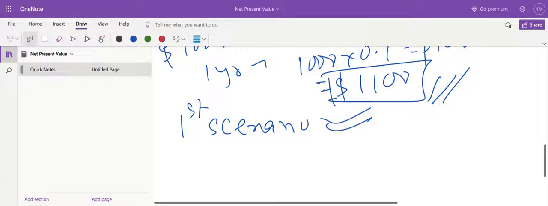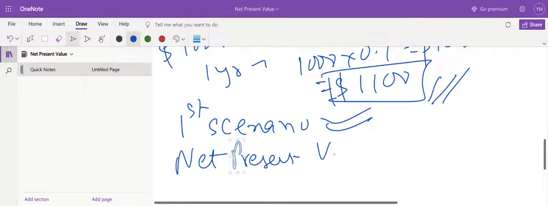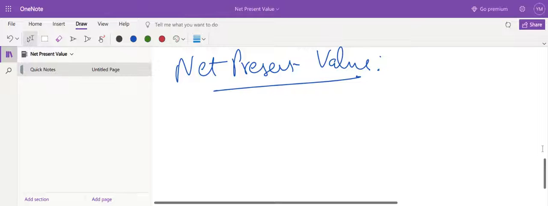Now, to explain all this, we use the concept of net present value. What does net present value state? It states what the current value is, considering the future values. Let's say we have a certain amount in the future.